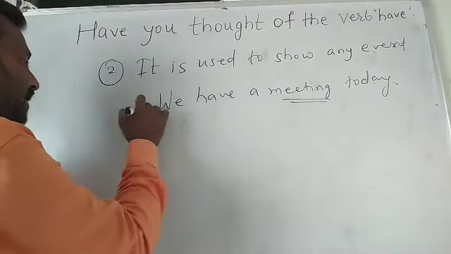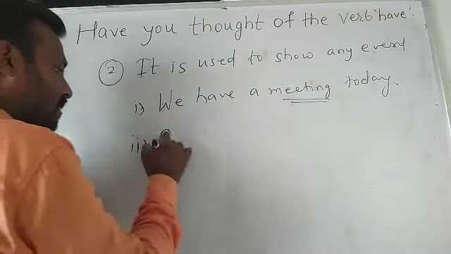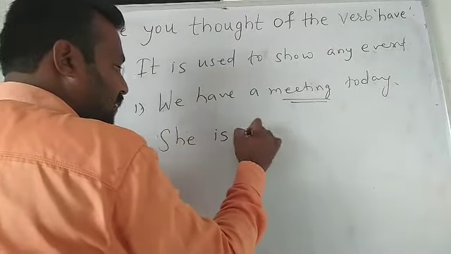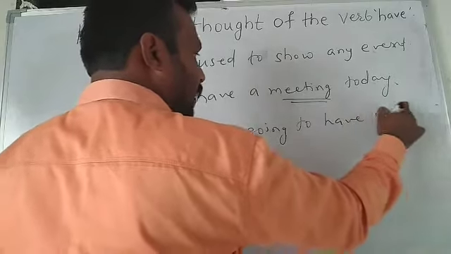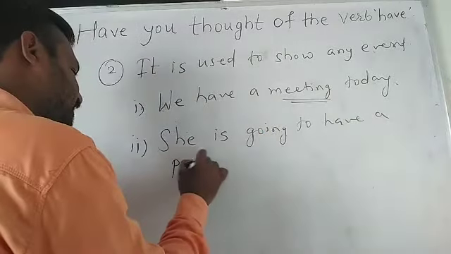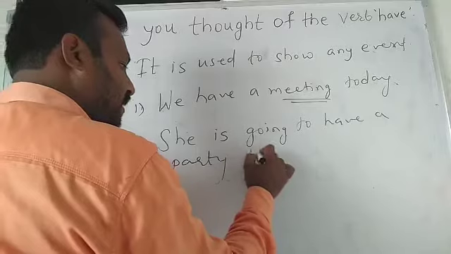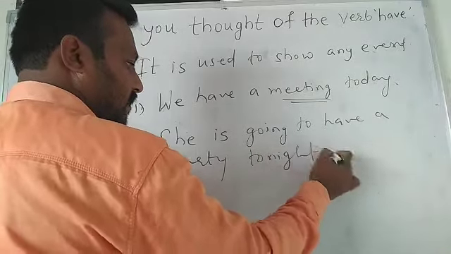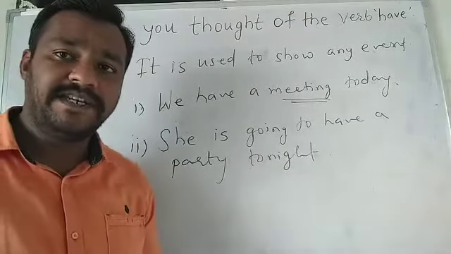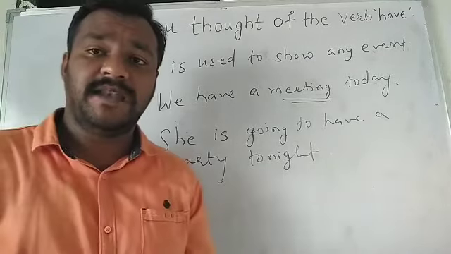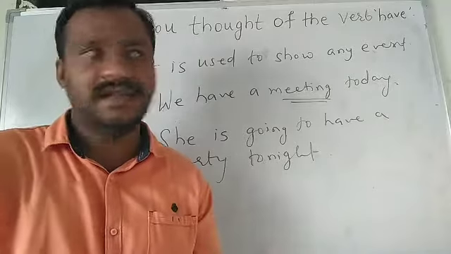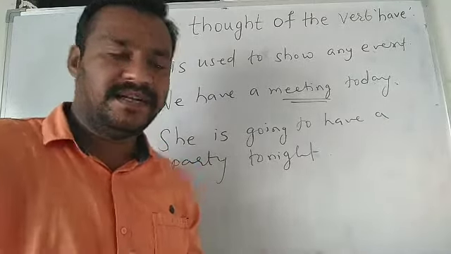Another example, let me give you. She is going to have a party tonight. She is going to have a party tonight. In this way, we can express with the help of have forms some events as well, isn't it?